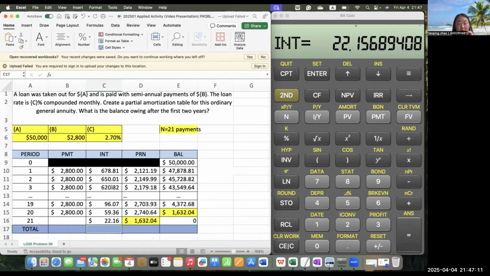Now we calculate the PMT for interval 21. Since we need to pay off the principal and the interest during this time, we can add these two values together.